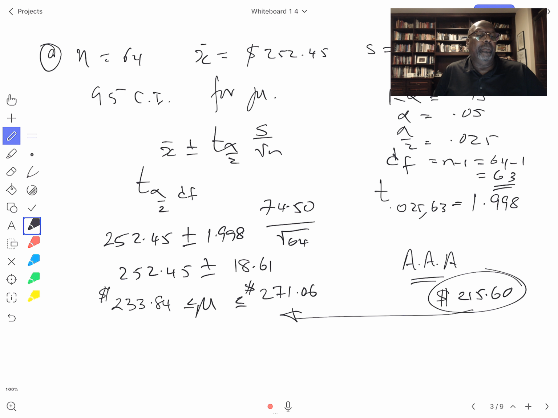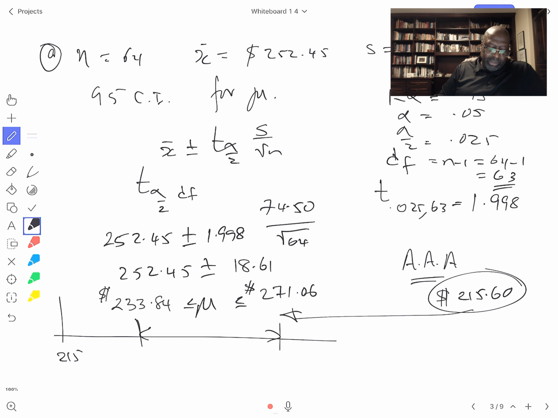The answer is no. So if we were to actually draw this on a scale, the 215 is somewhere down here. All right? So as you can see, if the mean is somewhere in that interval, the 215 is outside of that range.